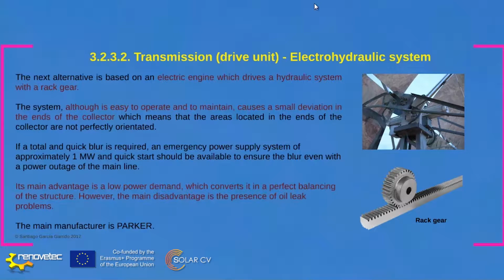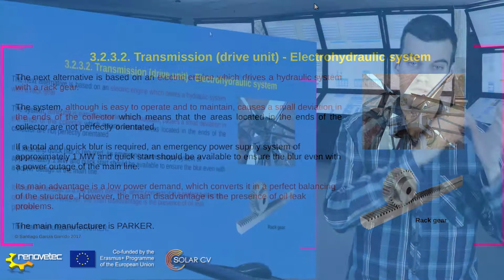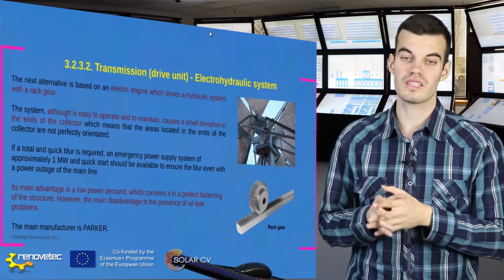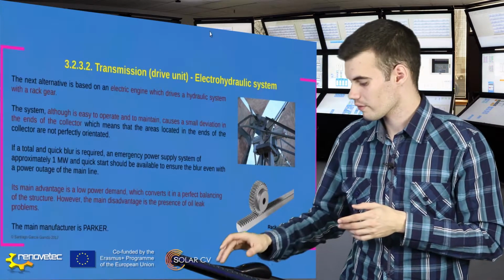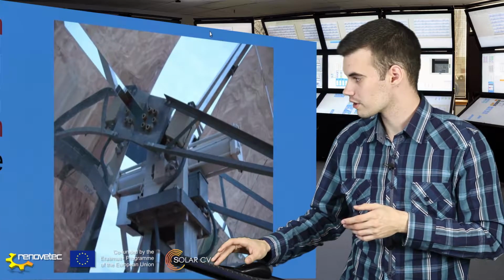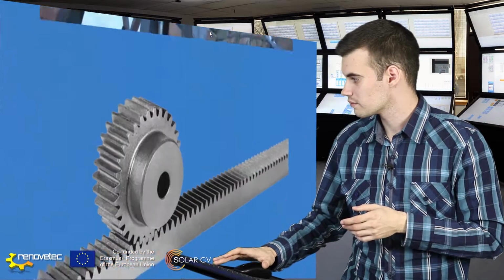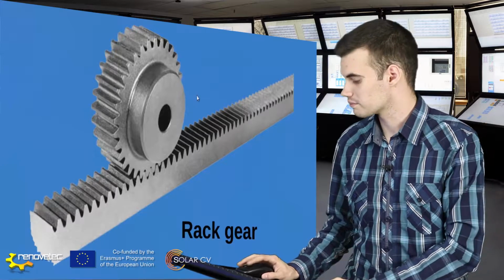So this system has this problem that the power required for a quick blur is very high. Here we can see the system, and here a rack gear.